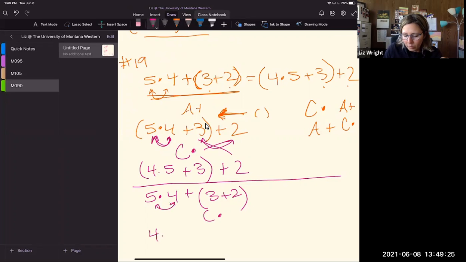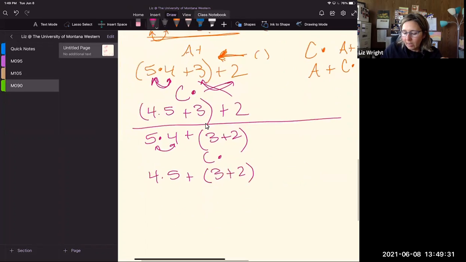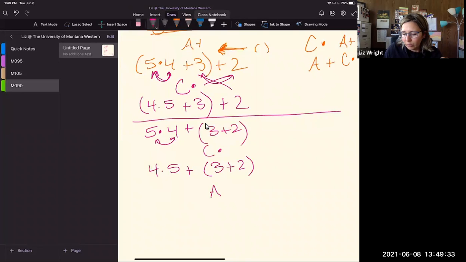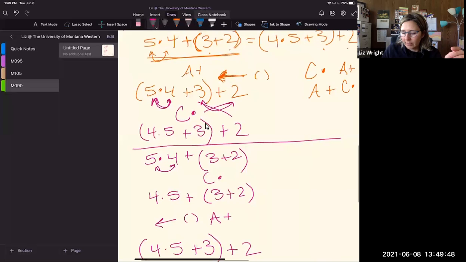So then I've got 4 times 5 plus the quantity of 3 plus 2. And now I'm going to do the associative of addition property. And I'm going to move my parentheses this way. And then that means I'm going to do 4 times 5 plus 3, quantity, plus 2. And then let me check, make sure I didn't make a mistake.